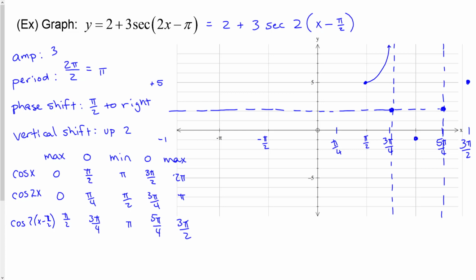These are the local minimums and local maximums of the U-shaped portions of this secant graph. That is one full cycle, and that's perfectly fine to just draw that much. You're certainly welcome to add in the rest of the cycles if you like, but since it's periodic in nature, if you can get one cycle in, that is just fine.